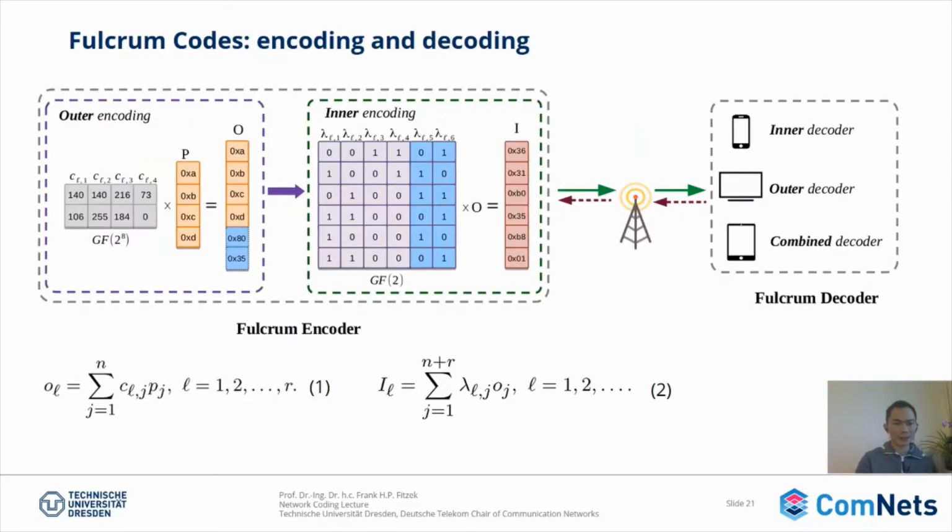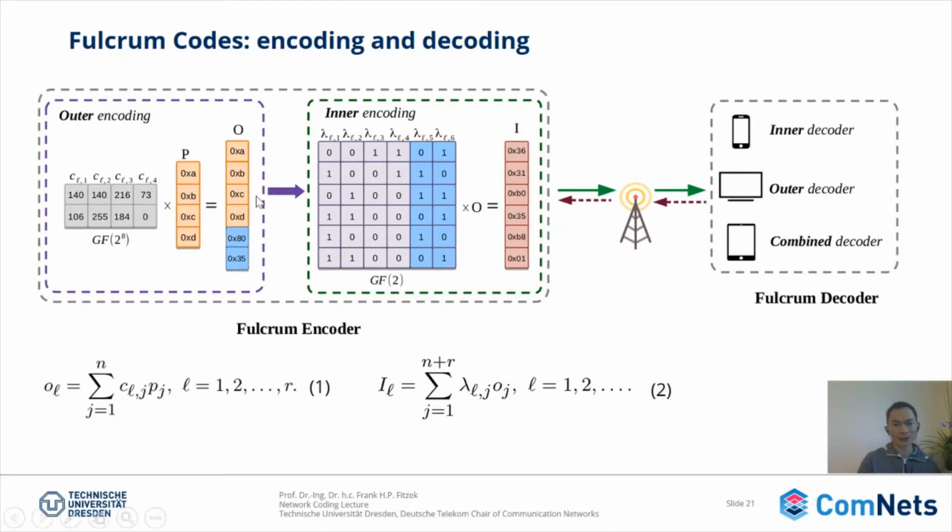Let's look at the picture to see how the Fulcrum encoder and decoder operate. Firstly, Fulcrum encoding expands n original packets into n plus r coded packets by using equation 1. So in this example, we have 4 original packets and 2 expansion packets. These 2 expansion packets are created based on the outer coding coefficients, which are randomly selected from a high finite field, such as 2 to the n in this example.